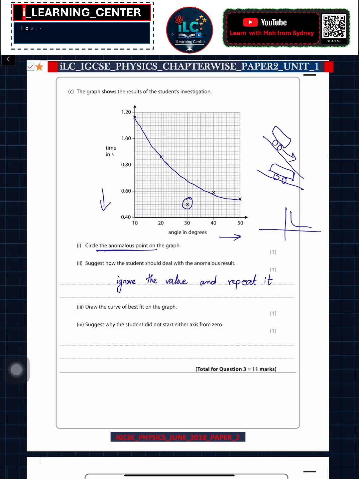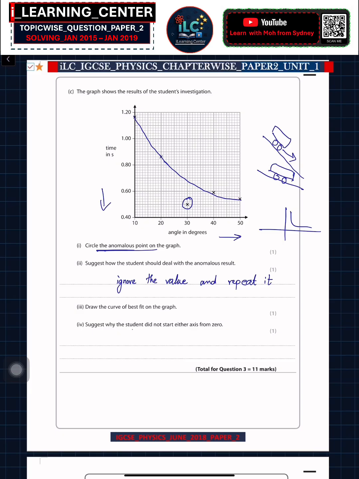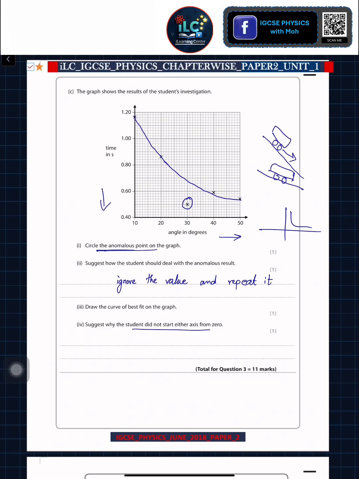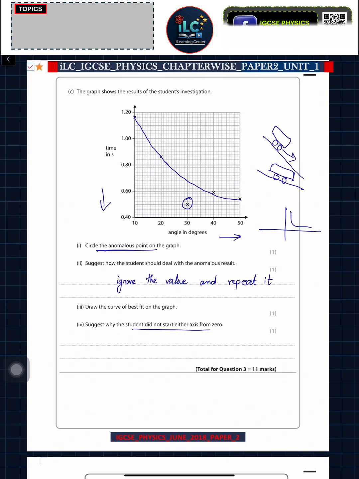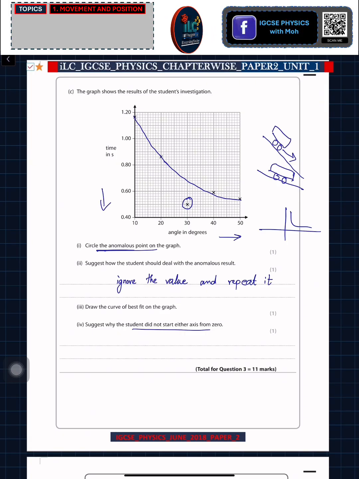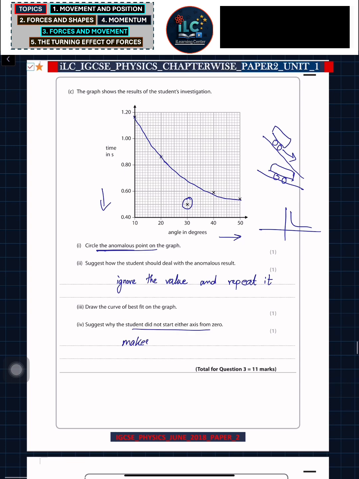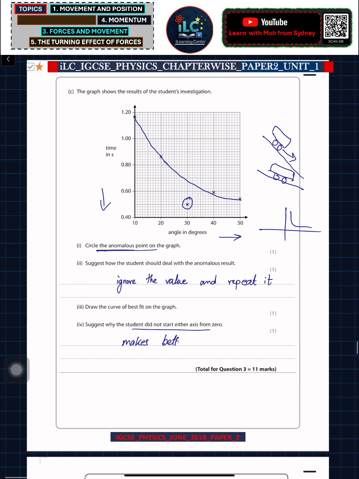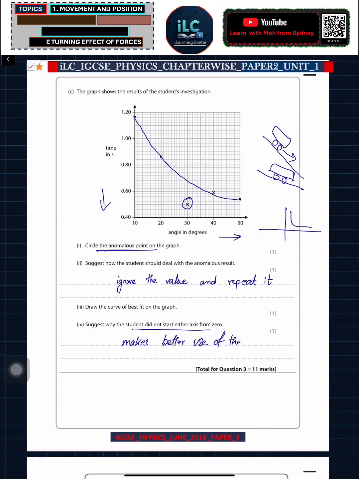The next question asks you to suggest why the student did not start from this. You can't have time 0, right? You cannot have an angle where your time will be 0. So you eventually make better use of the grid. So I'll say it makes better use of the grid.